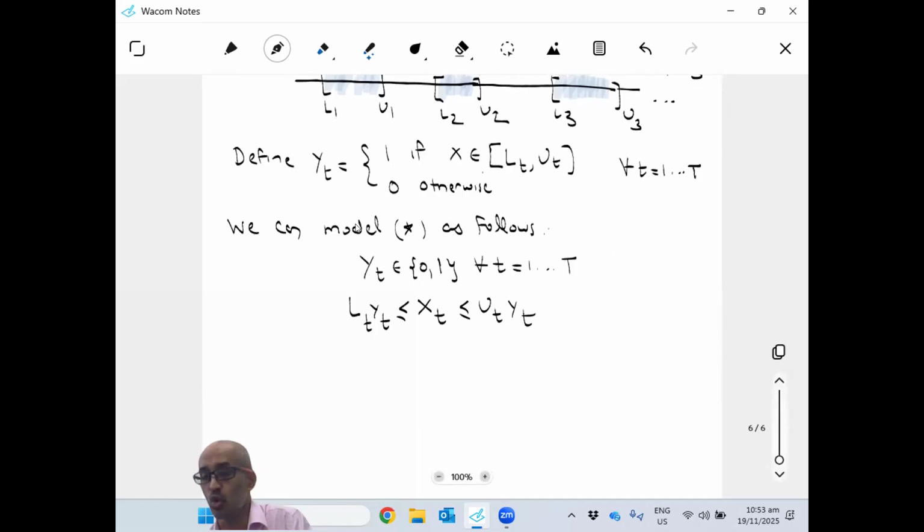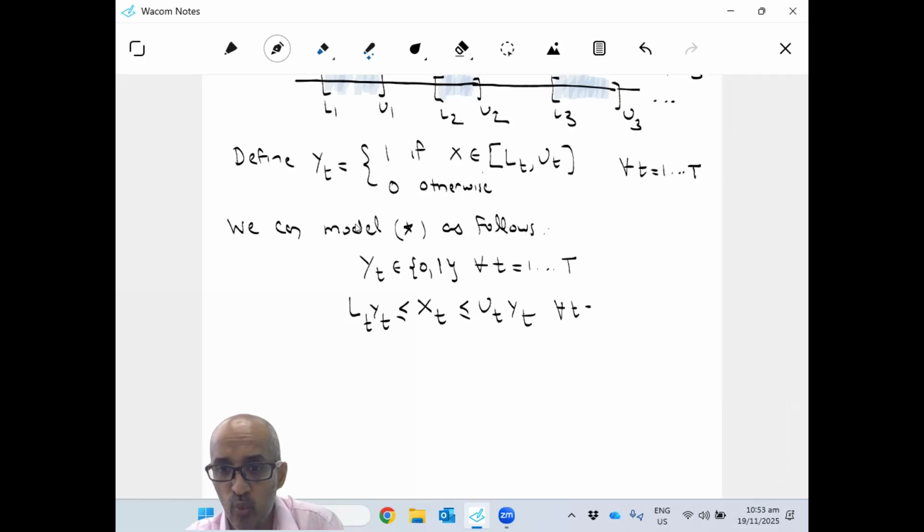What do you think this will do? When yt is 0, it will force lower and upper bounds to be 0, so it will force xt to be 0. If yt is 1, it will force xt to take numbers between LT and UT.